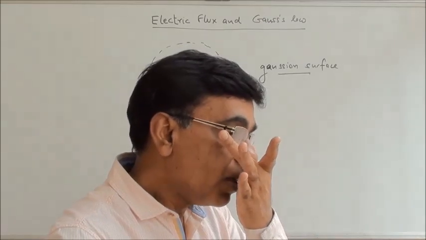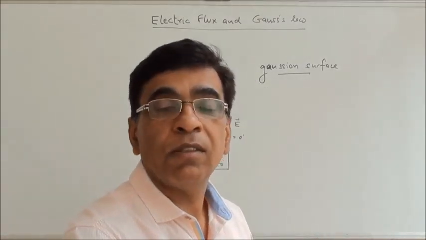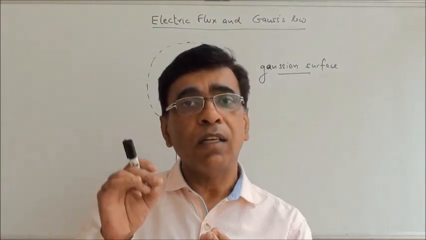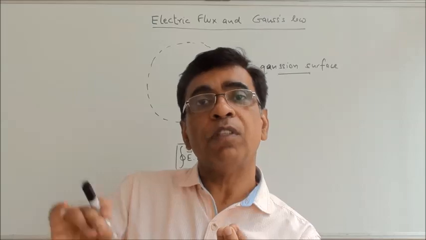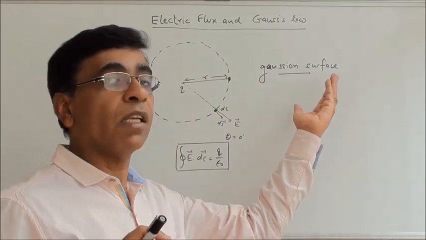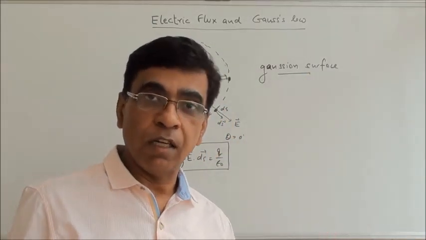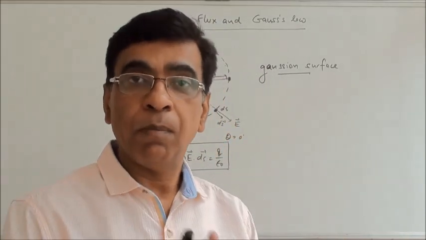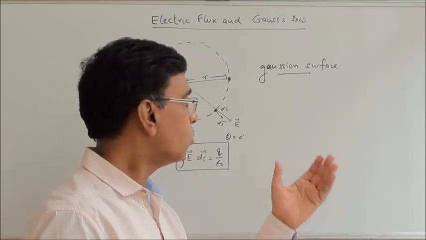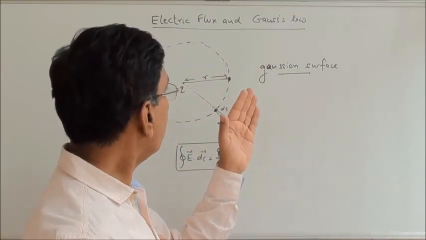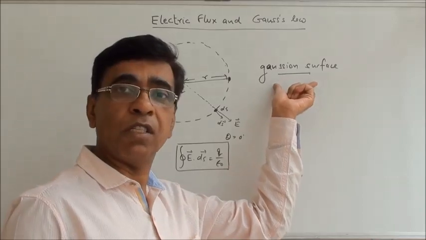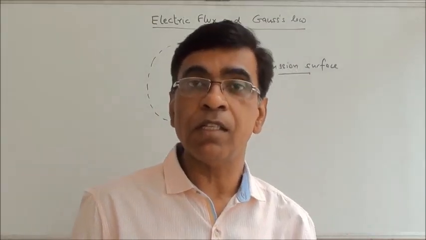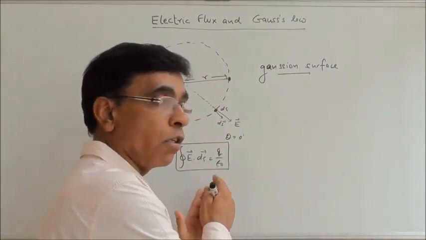We will always prefer a symmetrical surface, so that the electric field at each point of the surface is the same and can be taken out of the integral sign. It will be easier to calculate. It doesn't mean that we can't calculate for other surfaces, but we prefer a symmetrical one. This surface is simply hypothetical. We are assuming it for our own convenience and to apply Gauss's law.